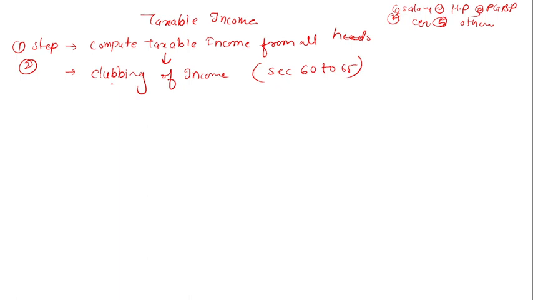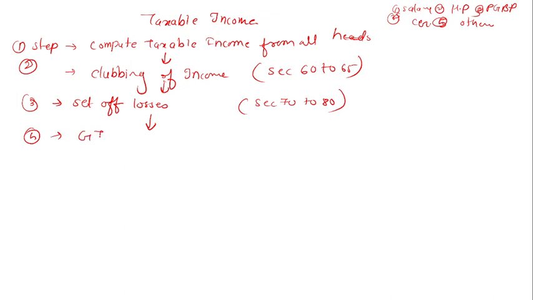After clubbing of the income, the third step is set off of losses, and this set off of losses comes under sections 70 to 80. Then the fourth step is GTI, that is gross total income.